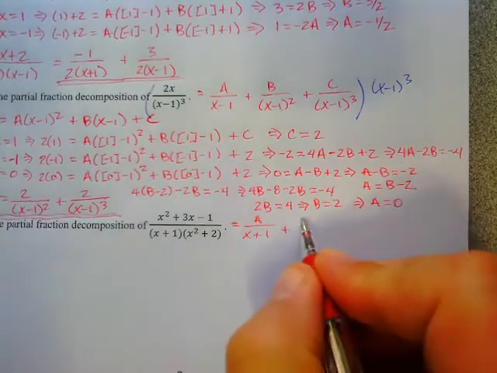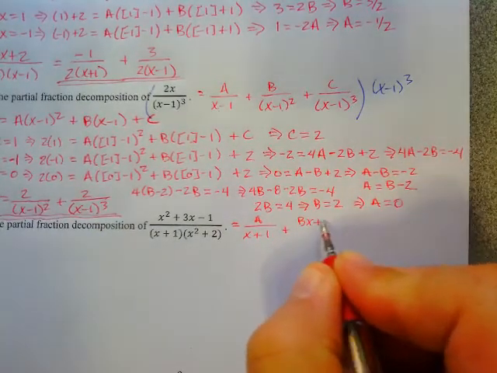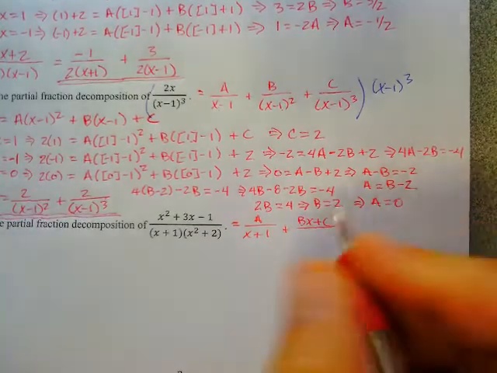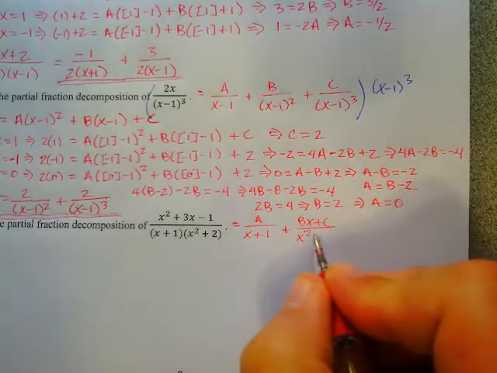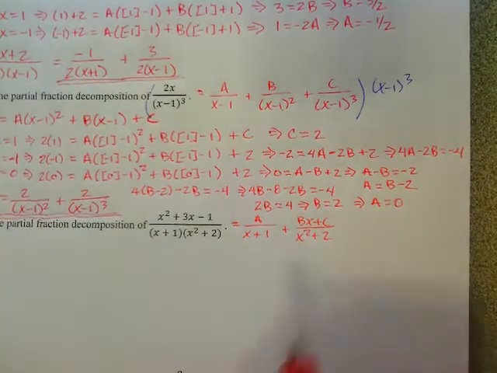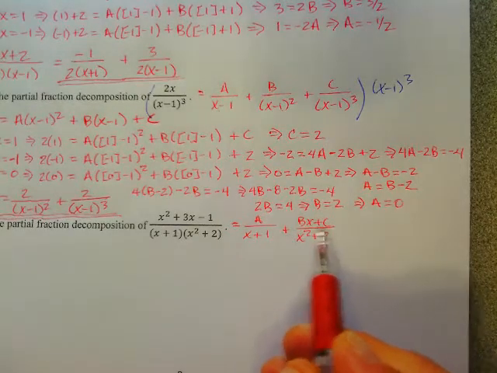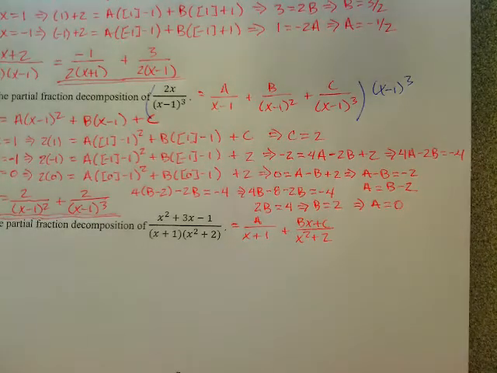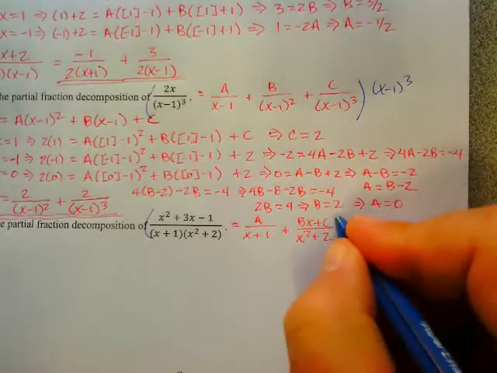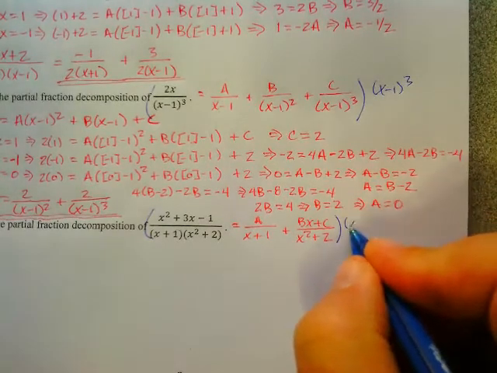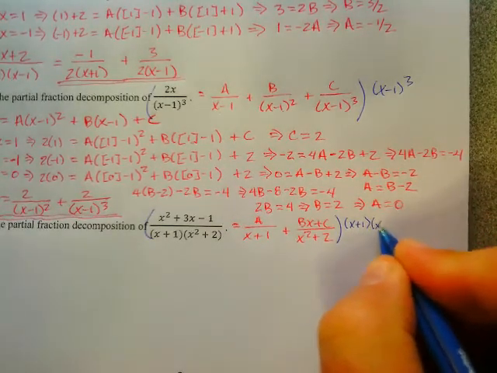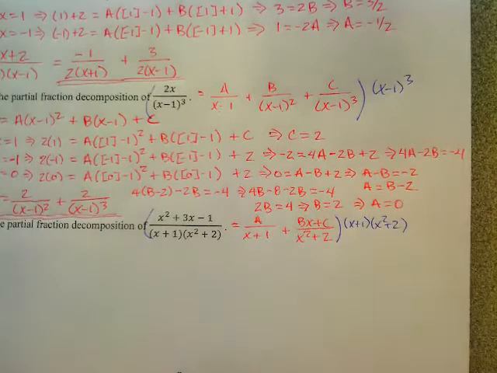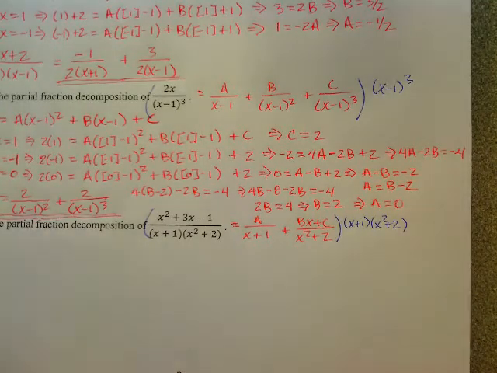And then the second one, bx plus c over the x squared plus 2. So because we had a quadratic, we had to do bx plus c for that one. Okay, going to multiply all of this times our x plus 1 and our x squared plus 2 to get rid of our fractions.